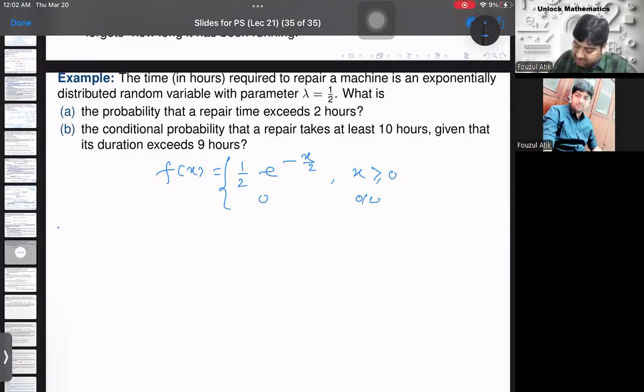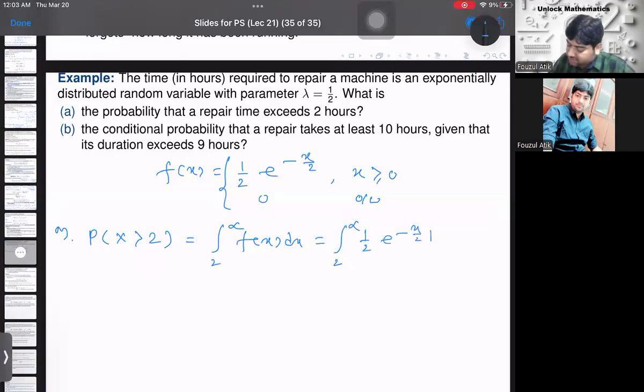Now the first question, what is the probability that a repair time exceeds 2 hours? This is straightforward, P of x greater than 2. If you do the calculation, it is the integral from 2 to infinity of f(x) dx, that is, the integral from 2 to infinity of 1 by 2 e to the power minus x by 2 dx.